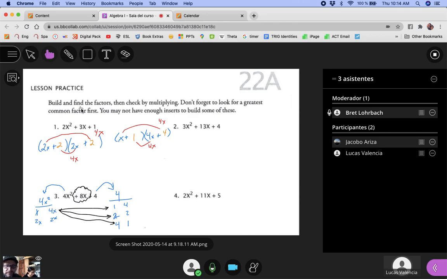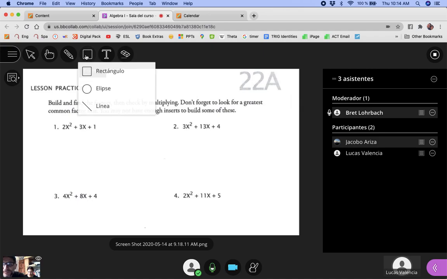All right. But again, you can draw the triangle and the rectangle. Remember the first term when drawing the rectangle. I tell you what. Lucas, why don't you draw the rectangle with the 2x squared and the 2x squared, the 2x plus 2 and the 2x plus 2.